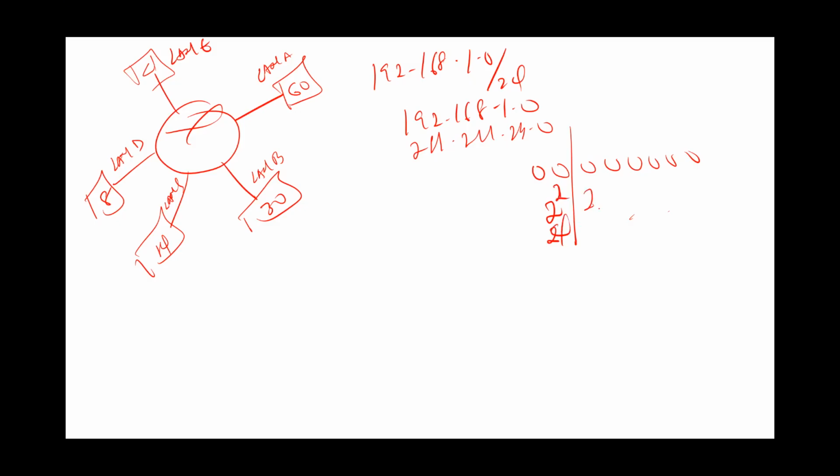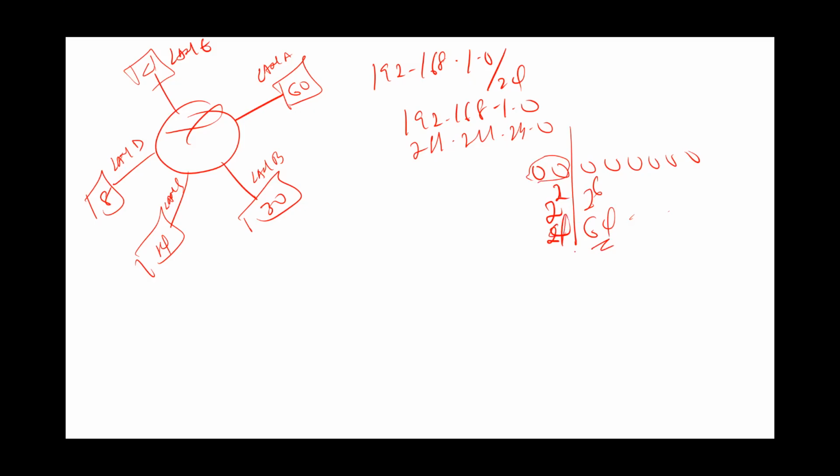The leftover 2 raised to power 6, 64. Meaning if I borrow 2 bits, I will create 4 subnets, and there will be 1, 2, 3, 4, 5, 6, 64 addresses per subnet.